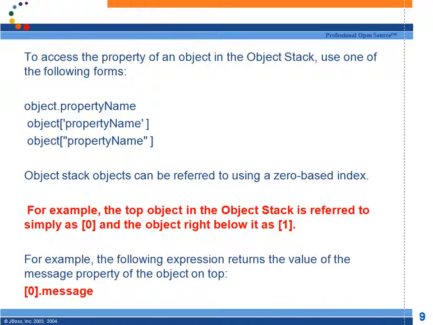Suppose you want to access a property of A4, you can use 0 dot the property name, right? If you want to access a property of A3, then 0, 1 dot the property name, like this, right? The top object of the object stack is referred to as 0, and the object right below it as 0, 1, right?